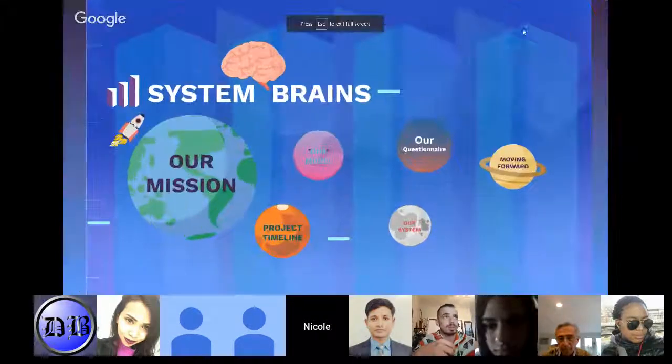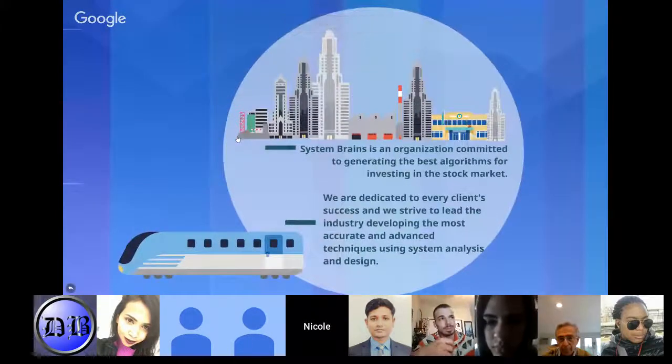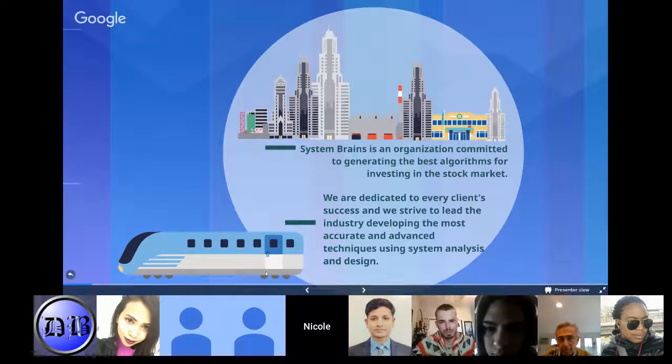We know how tedious it is to stay up to date with all the information on the stock market. So with that in mind, we designed these two algorithms that the team will talk about, that not only stay up to date with information on the market, but help predict which stocks are best for users to invest in.